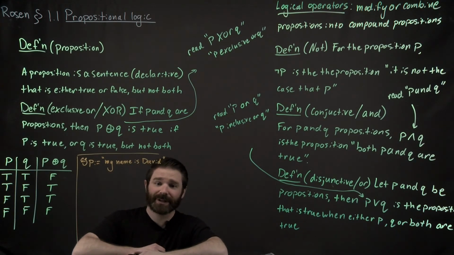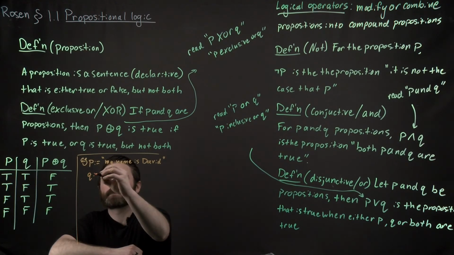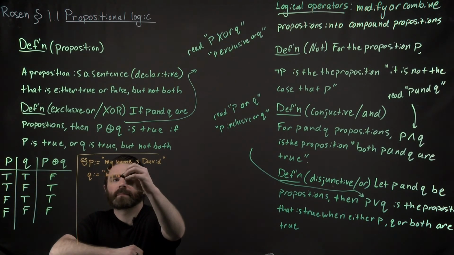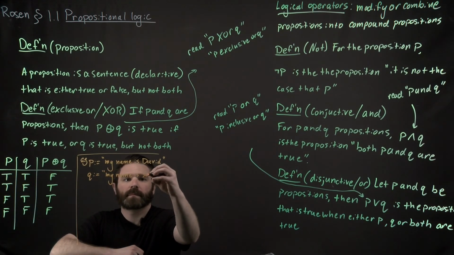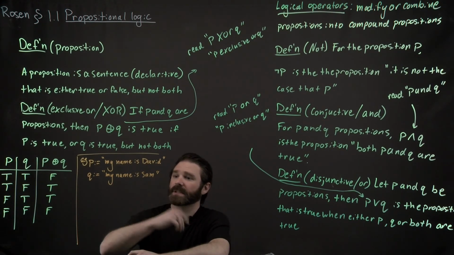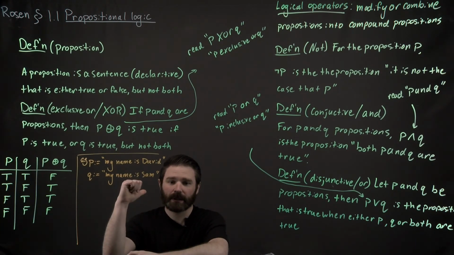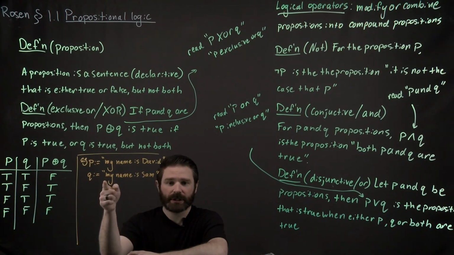And as you saw in the introduction video, yes indeed, my name is David. Q is the proposition my name is Sam. That's a proposition, a declarative sentence right here. If you're applying it to me, then this particular proposition has a truth value of false. My name is not Sam.